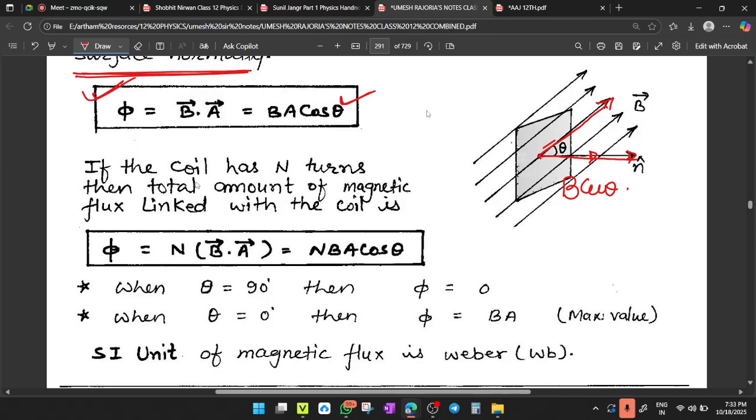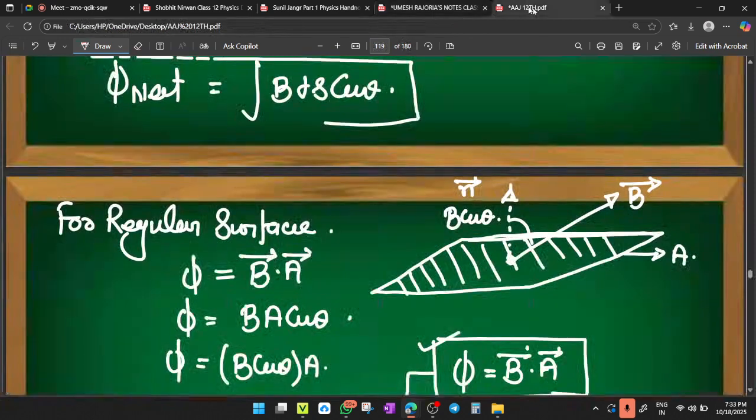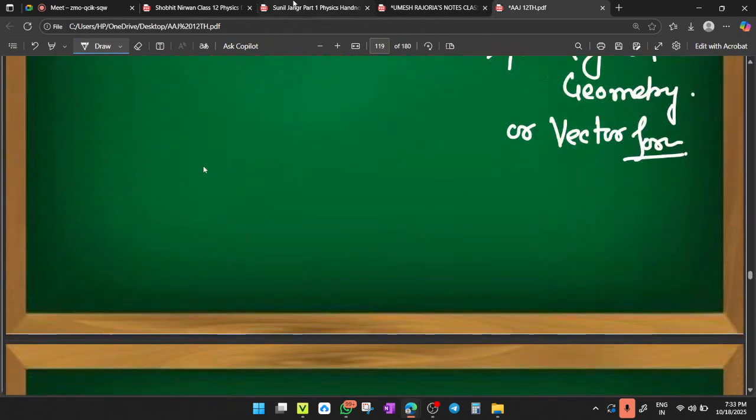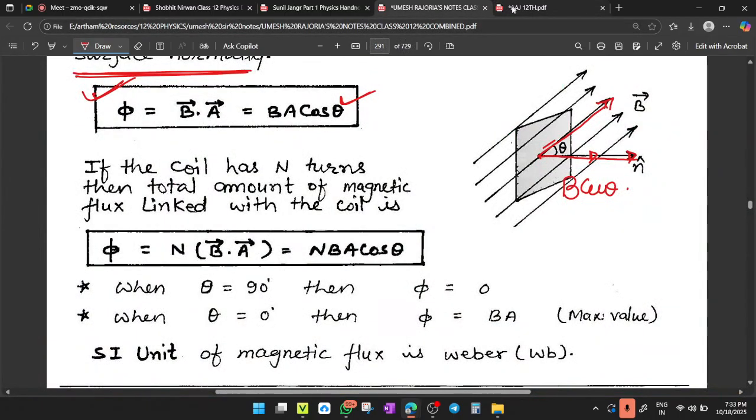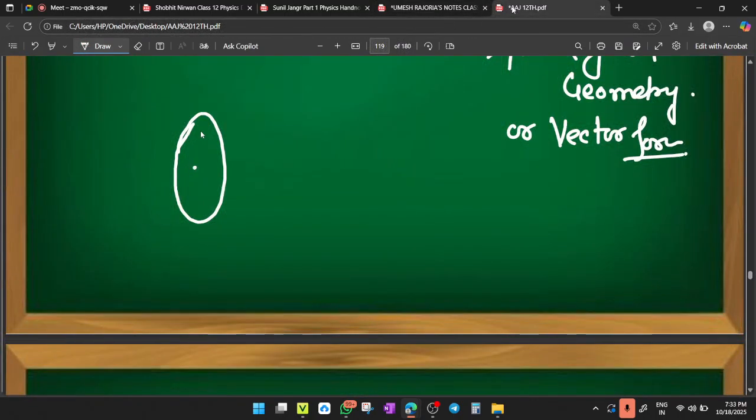Now, if the coil has N turns, what I am saying here, try to understand. Like there is a loop, like this is a loop, okay? And magnetic field is passing like this. This is the magnetic field. Clear, beta?